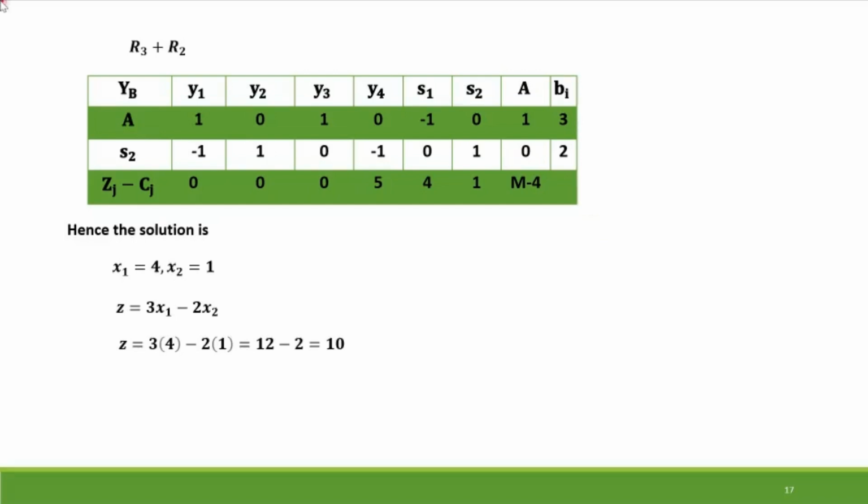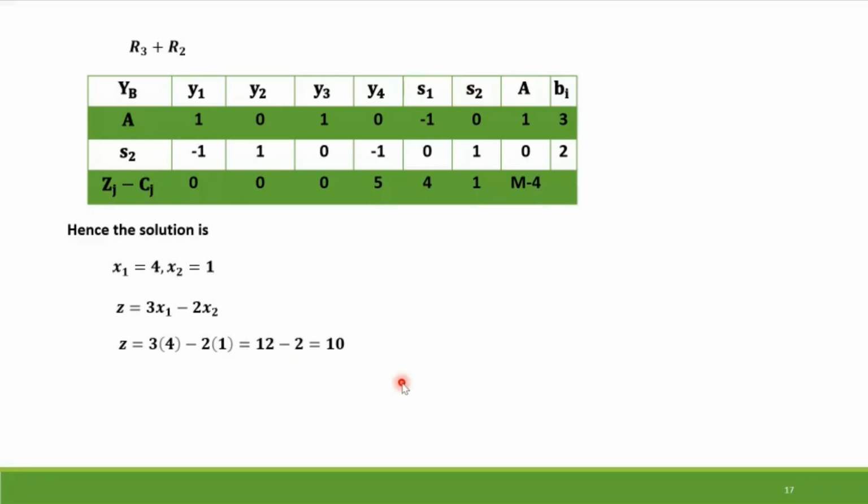Now the solution. We had two variables in the given problem and we had added or subtracted two surplus variables S1 and S2. So we have to see in the last row under the columns S1 and S2. This is 4, this is 1. Z will be equal to 10.